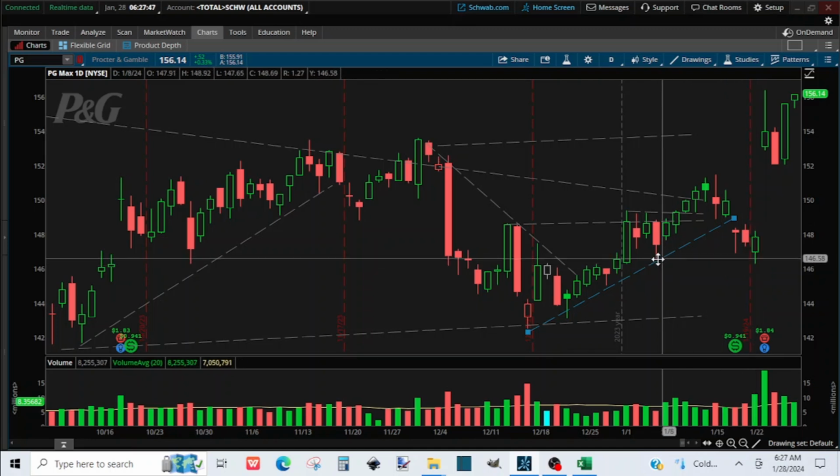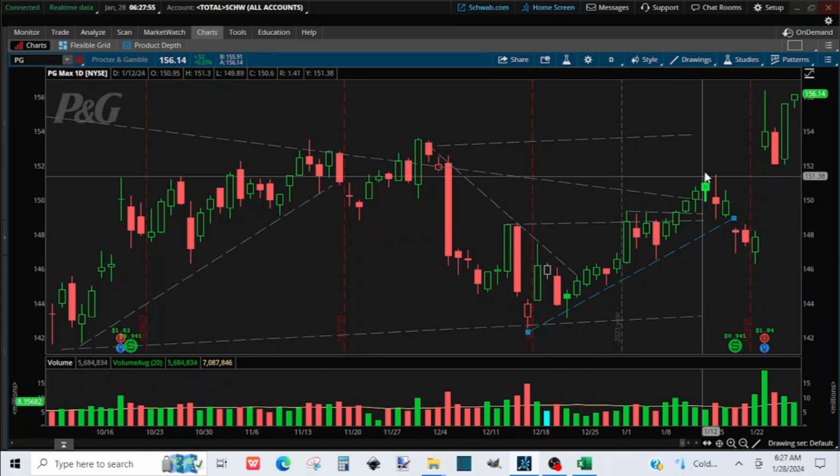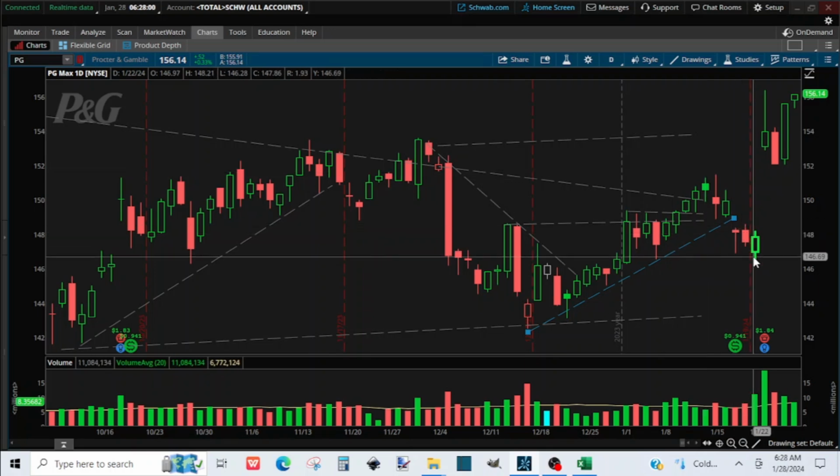Okay, it is about the same as this one. I'm trying to see the previous low. This is the previous low. From this one we went up and then we went down. So this low is about the same as this one.